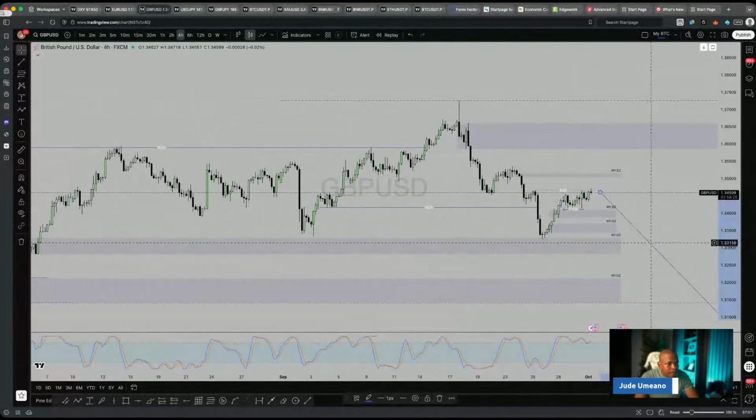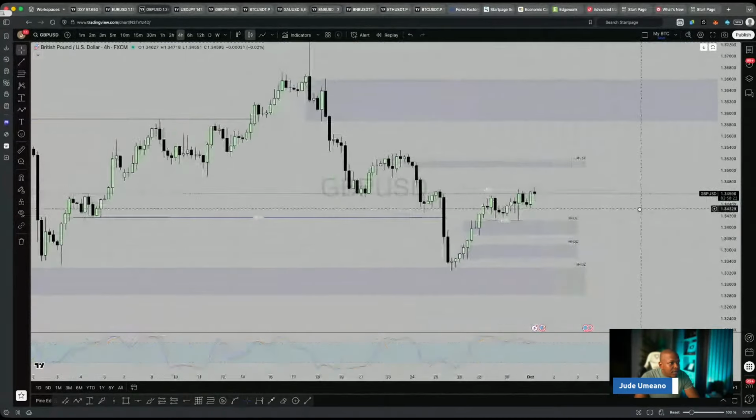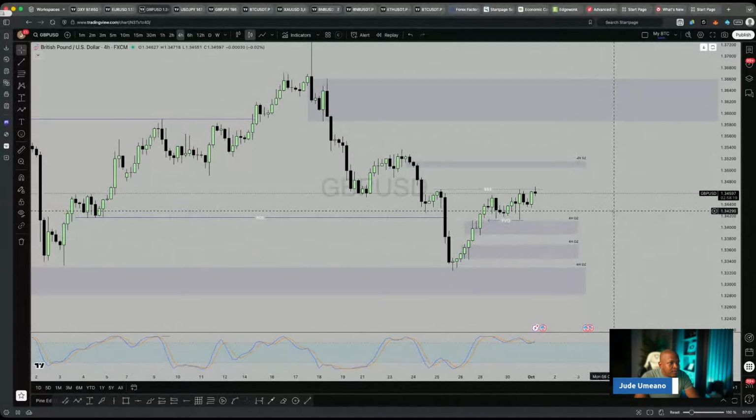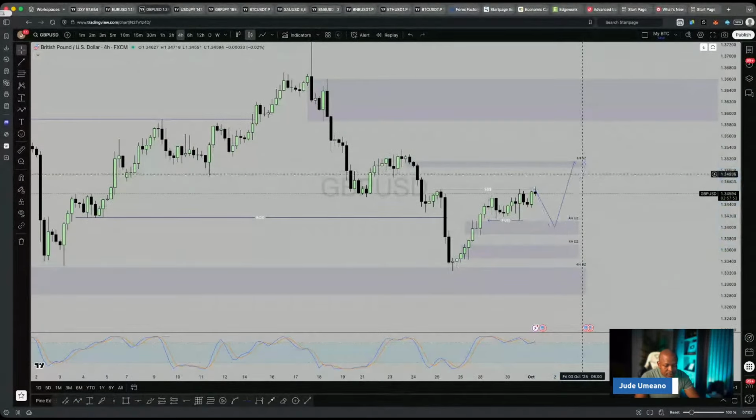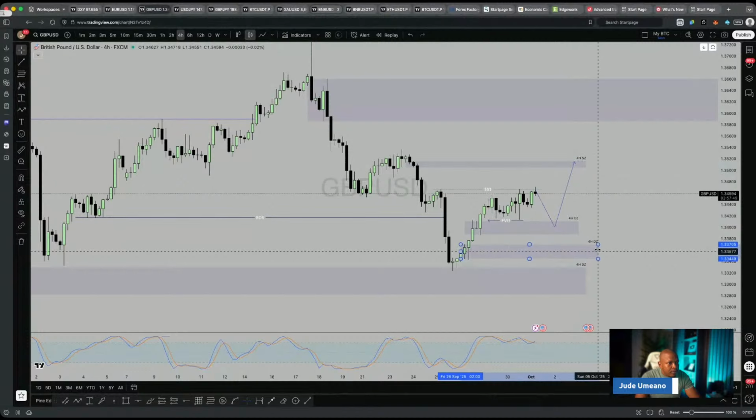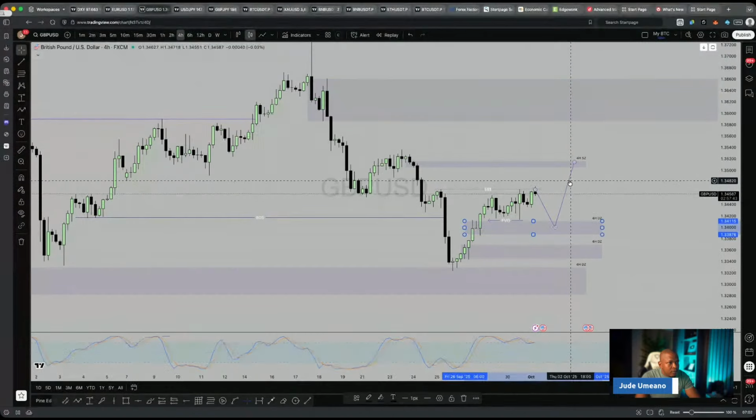With that in mind, what can happen is, from this point, since we have liquidity lying here, we can do this and move higher. We can as well go lower, do this to move higher. But this one I'm looking at, this one I'm seeing here.